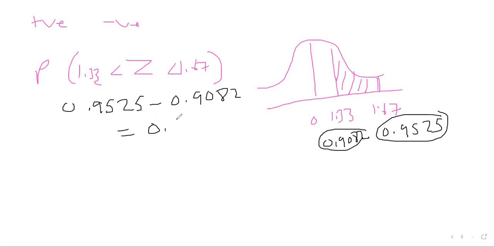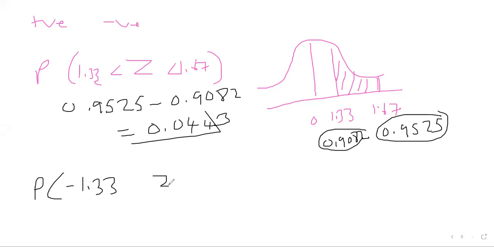This will give us 0.0443. So it's about 4%. This is the difference here. All right, about 4%. So this is the toughest topic in the whole syllabus. If you understand it, then it simply means that the rest of it is going to be easier.